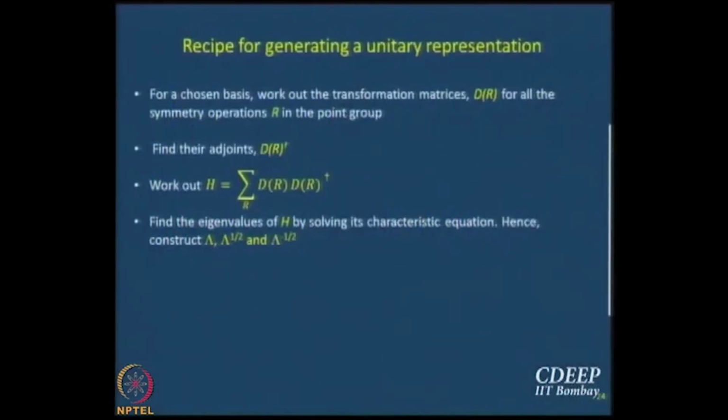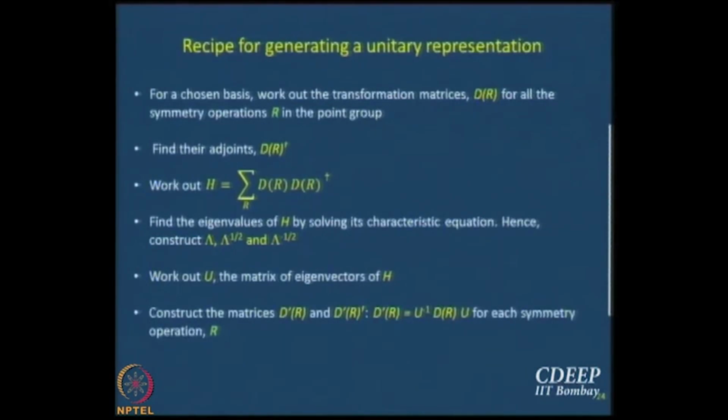So when you solve that, you get all the values of lambda: lambda 1 1, lambda 2 2, and so on. You construct the matrix lambda. You can construct lambda to the power half, lambda to the power minus half. Next, you can work out U, which is the matrix of eigenvectors. Once again, this is something that we did a few weeks earlier, not for a Hermitian matrix maybe, but for some matrix.